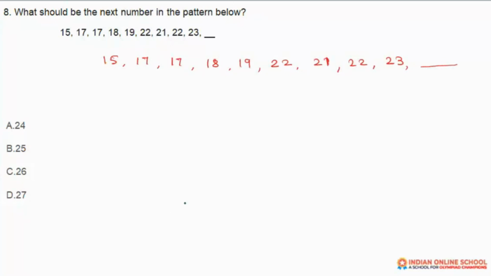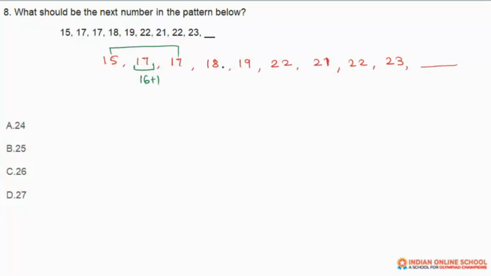See, if we go with a series, this needs to be 16 only, no? We have replaced it with 17 because we are going with the 3 sequence. So 15, 16, 17. That needs to be 16 only, but they have written 17, which means they have added 1 over here. Correct.